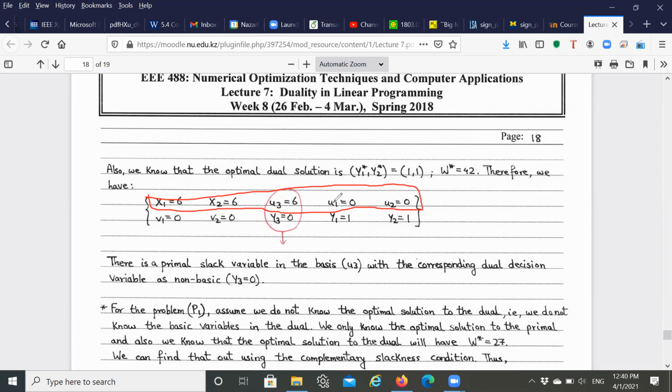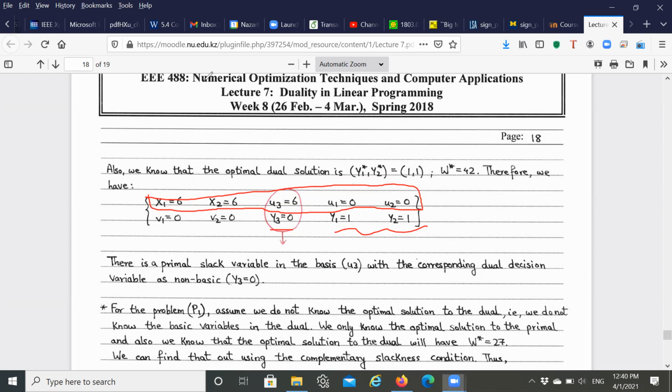U1, U2 were non-basic because they were 0, so the corresponding ones would be non-0. And since U3, which is a slack in the primal, is basic, it's non-negative, therefore its corresponding decision variable in the dual would be equal to 0. So Y3 would be a non-basic variable. So this is the relation I can infer from solving the primal solution.